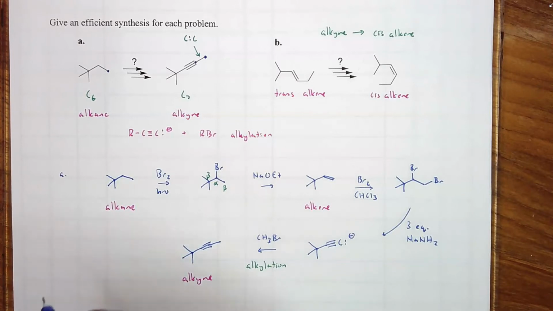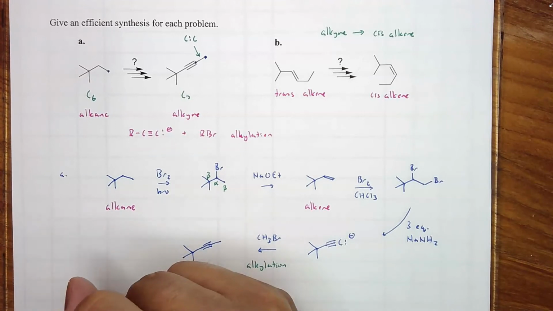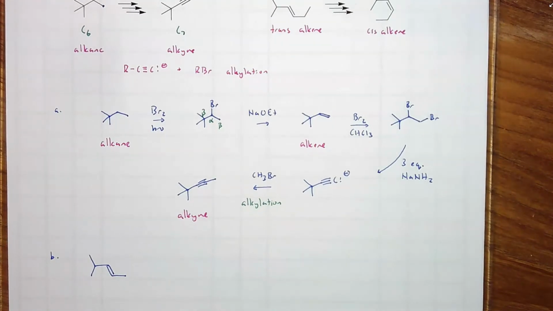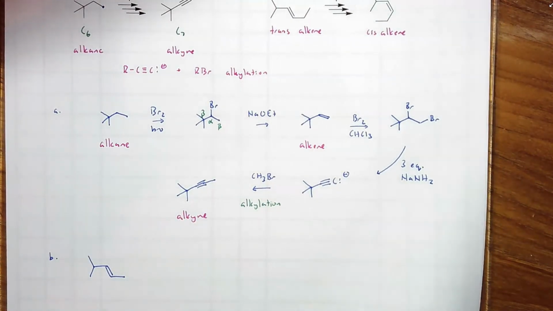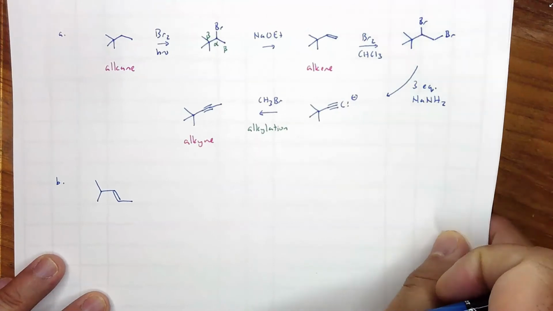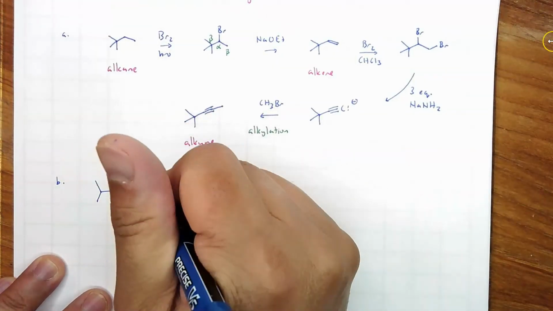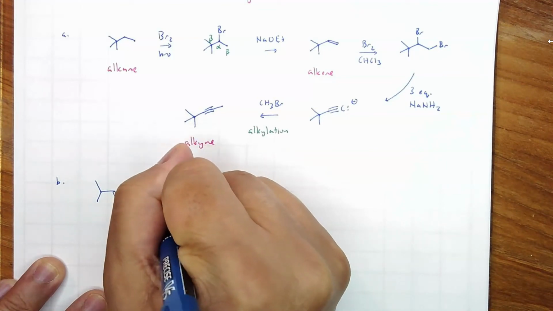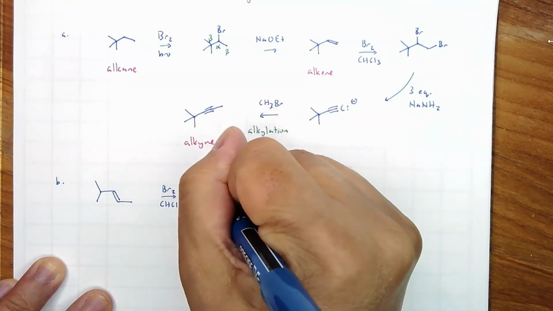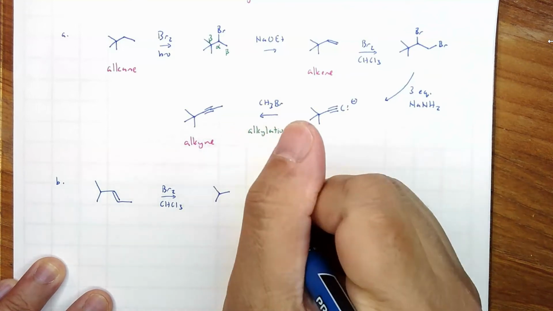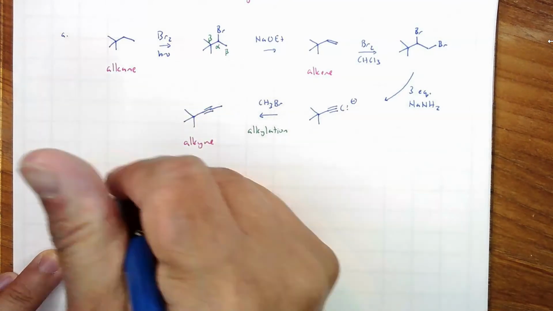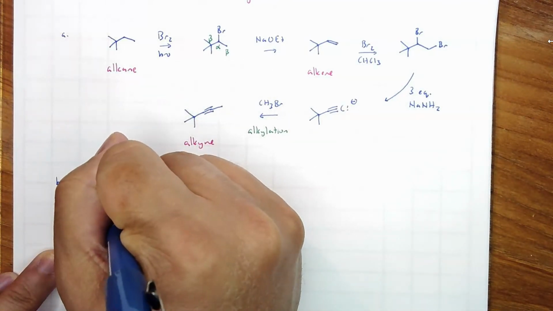But I think we have a way to make an alkyne from an alkene, and that is through the dihalide again. Again, it's the formatting and how clear your structures are, and making sure that you have the right number of carbons.